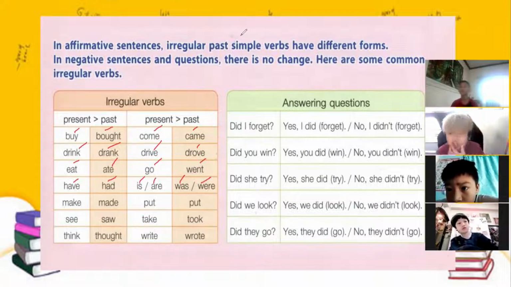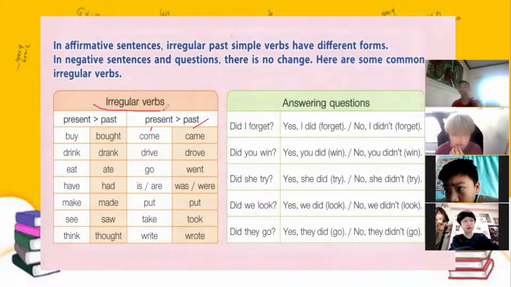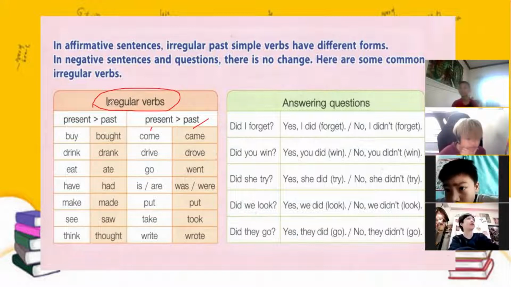So in the present, we use the first form. In the past, we use the second form. These are all for the irregular verbs. Okay. Now look at some examples while you are answering the question. In the question sentence, we have, did I forget?